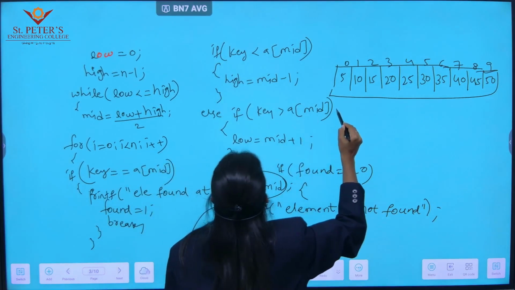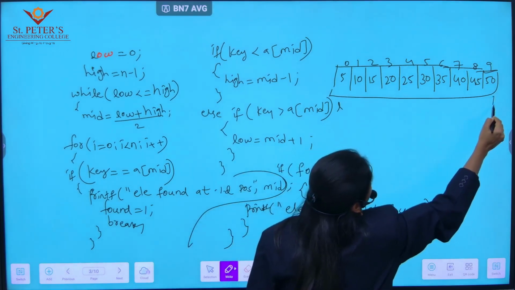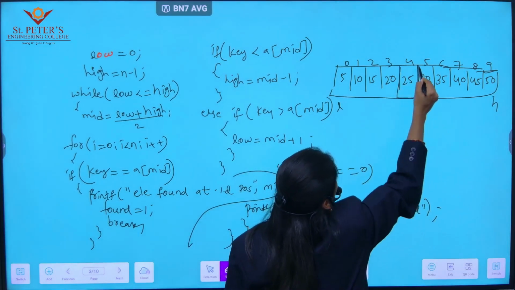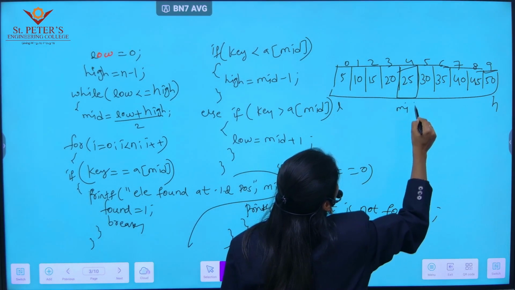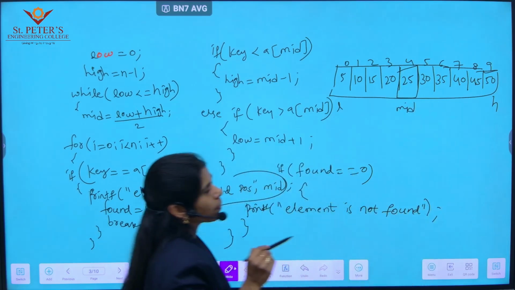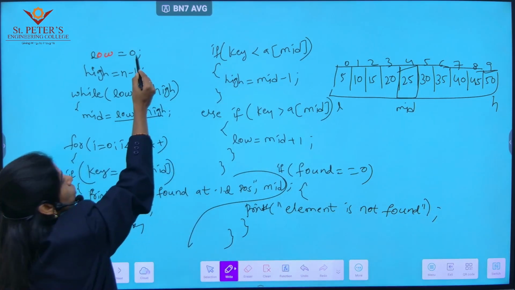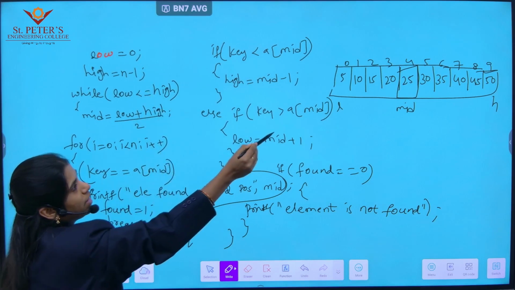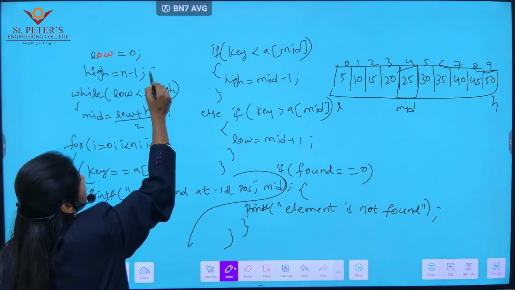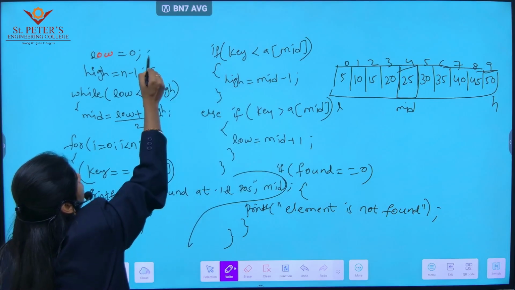This is the low value, this is the high value, this is my mid value. Initially low equal to 0, high equal to 10 minus 1, where n means 10. So 10 minus 1 is 9, high is 9, low equal to 0.